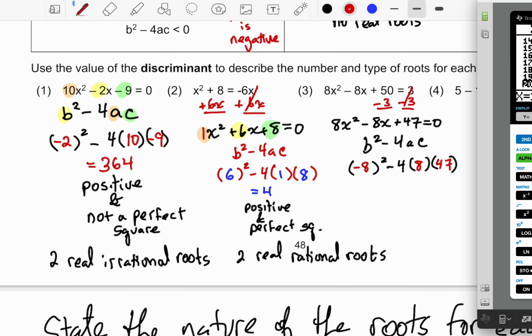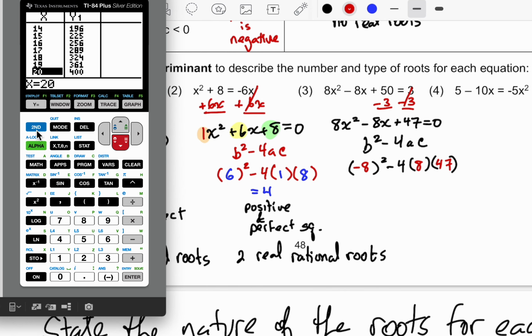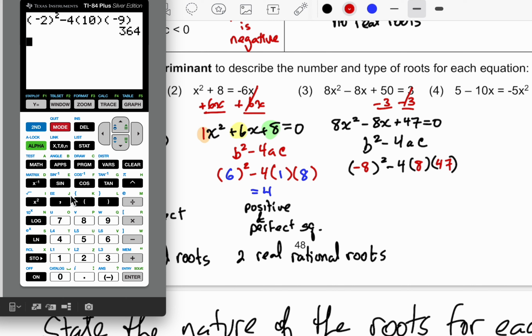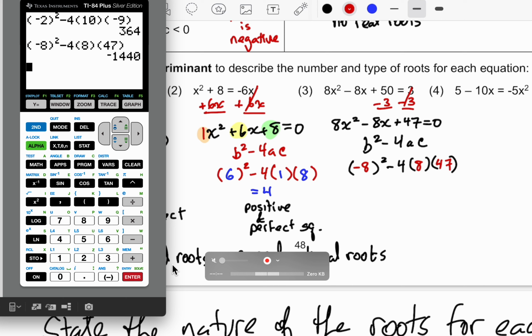So this one I'd probably go to my calculator. Parentheses, -8, just because I have 47, a little beefy. So -1,440.